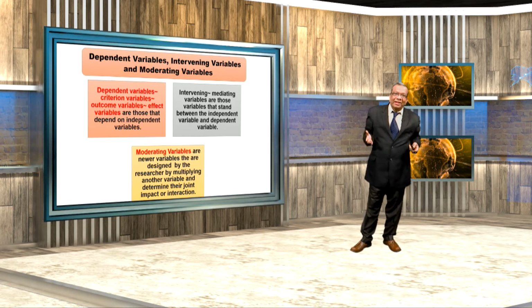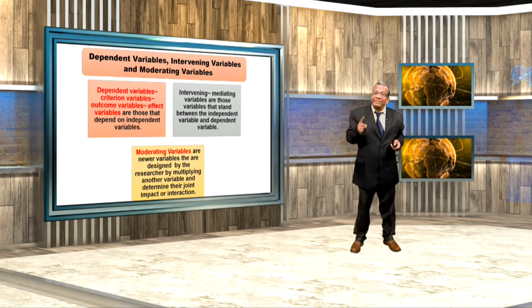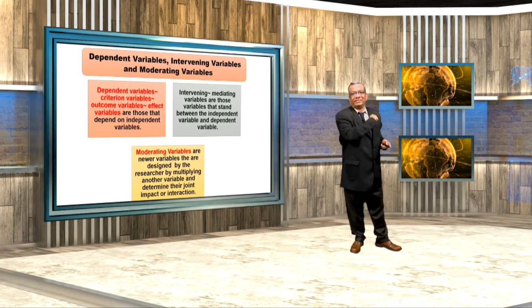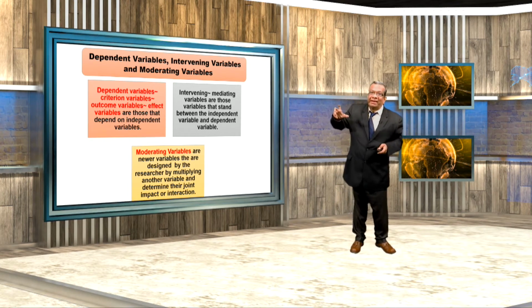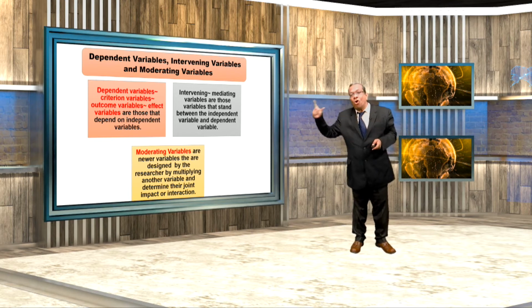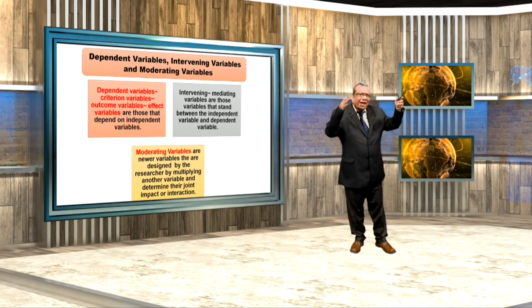Moderating variables are newer variables designed by the researcher in order to determine their joint impact or interaction on the dependent variable. Now that you have a good idea of the definitions of various variables, let us go to the next step.